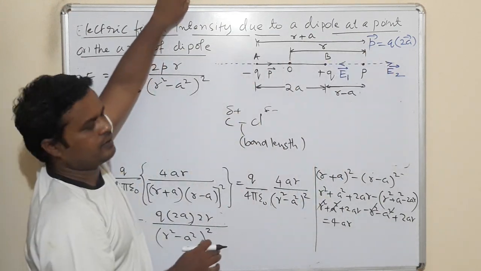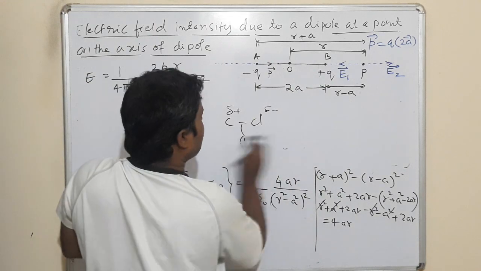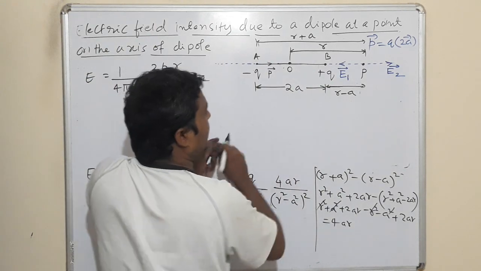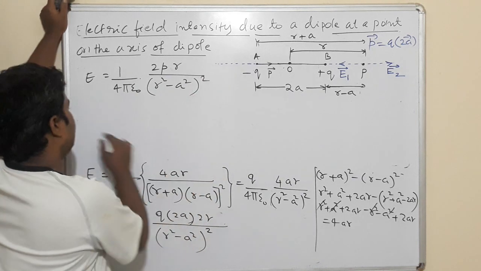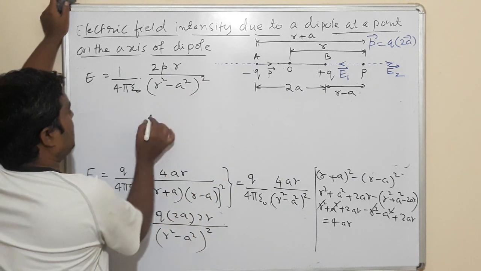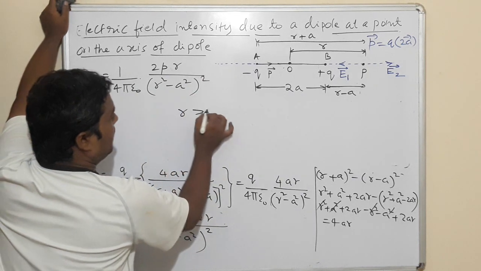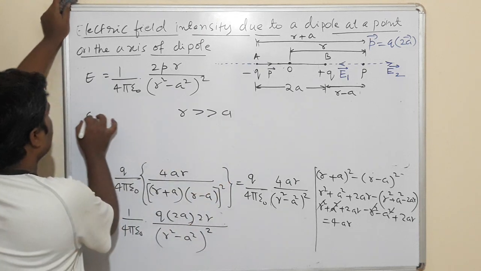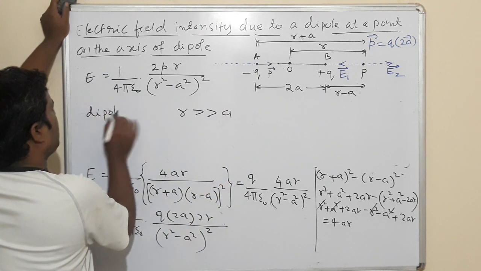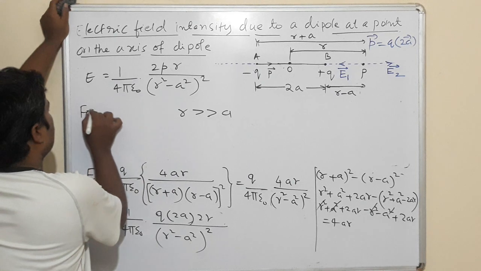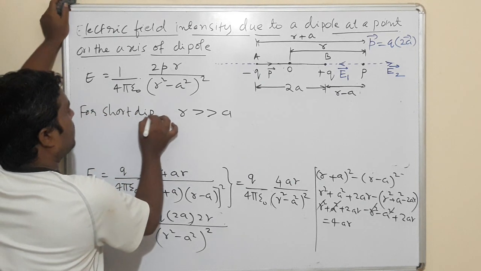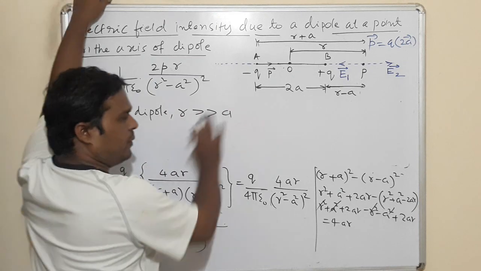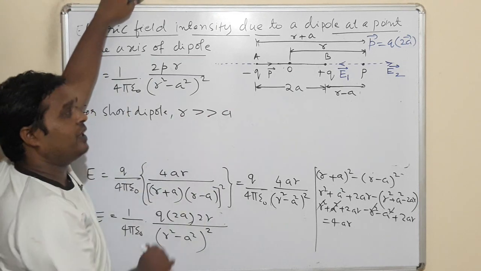If r is very much greater than a, then we take it as a short dipole.